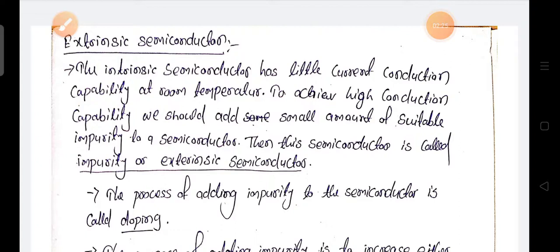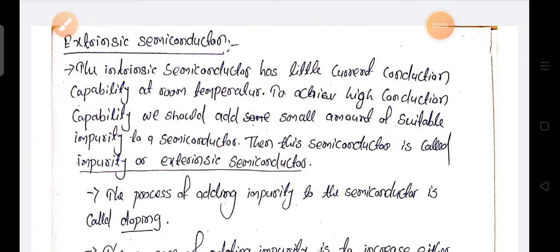After adding impurities, we get extrinsic semiconductor. That means after adding impurity to the semiconductor, that semiconductor is called extrinsic semiconductor, and the process of adding impurity to the semiconductor is called doping.